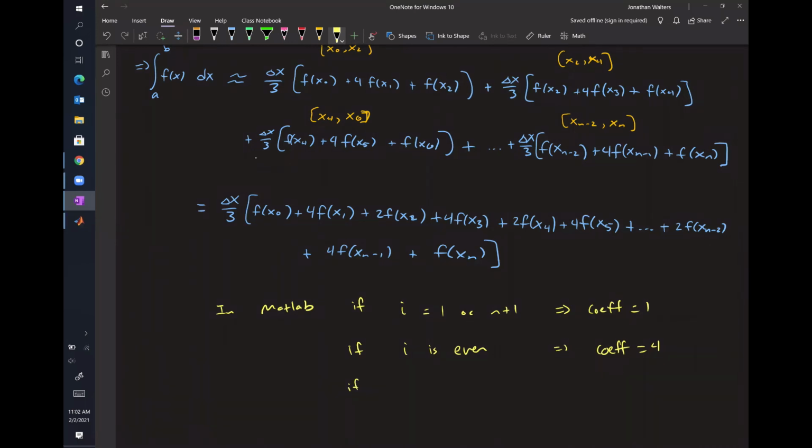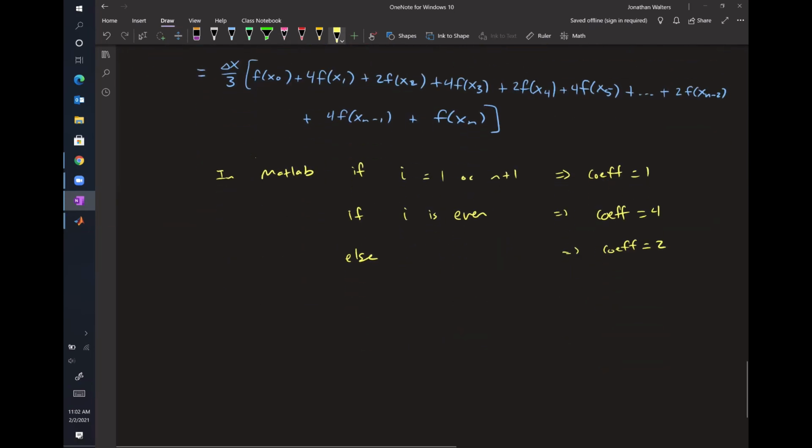And else, the coefficient is going to be 2. Right, because in Matlab, we're going to have to shift over our indices, starting at 1 instead of 0. So that's how we're going to code it in Matlab.